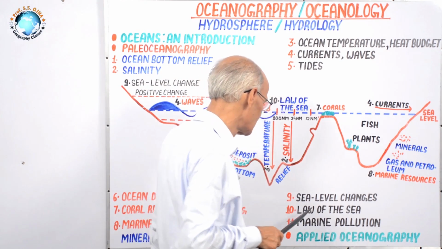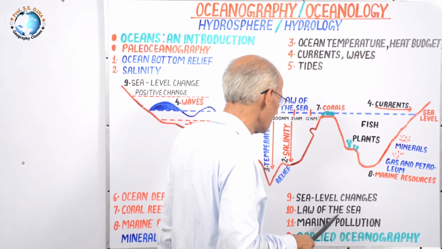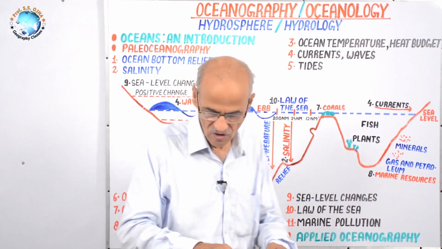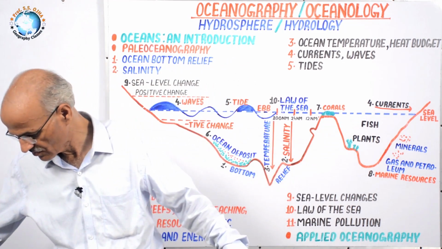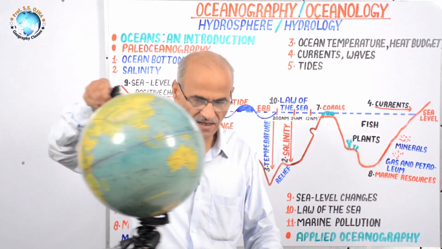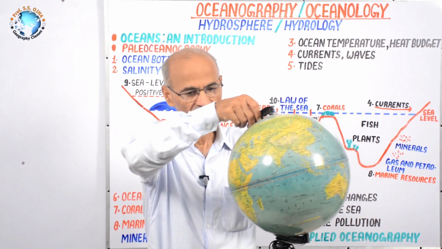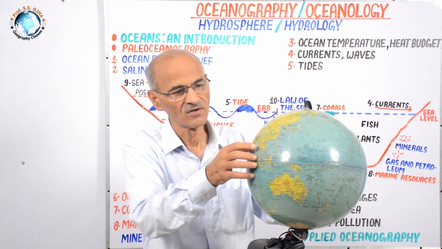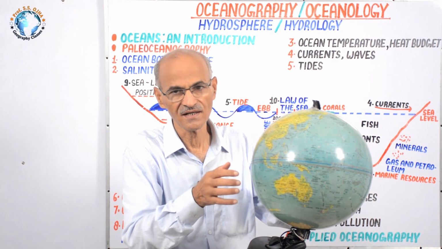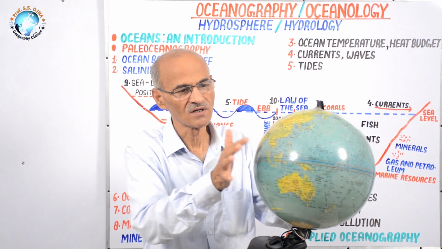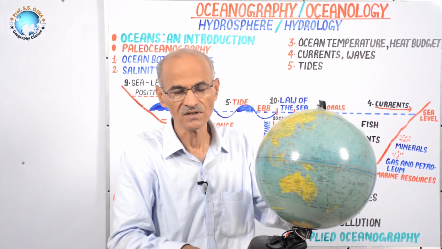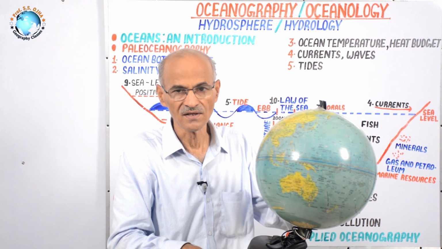Now, our next point is the law of the sea. As you know, if there are two neighboring countries which have a water body or ocean between the two, for example Indonesia and Malaysia, island countries, between those there are water bodies, and that water has a number of resources like fish and others.